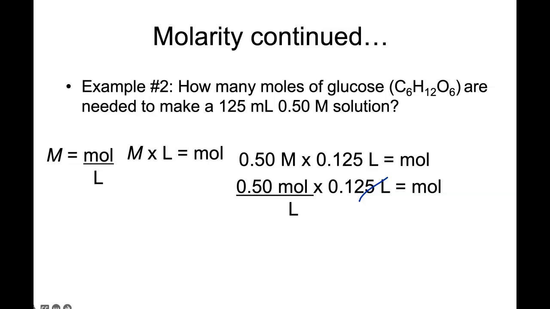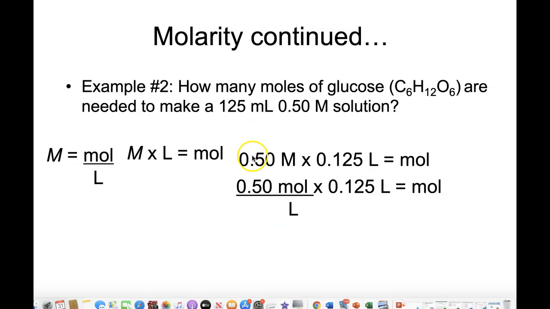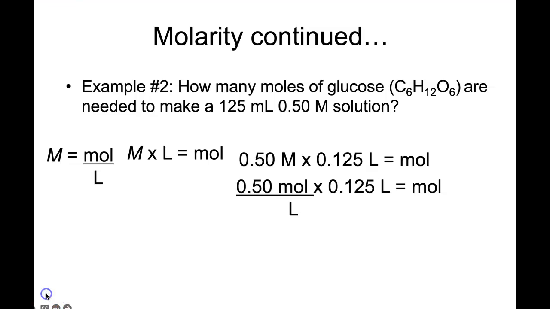You can see them canceling out here and here. There they go. And so when I do the math, 0.5 times 0.125, I've got 0.0625 moles of glucose.